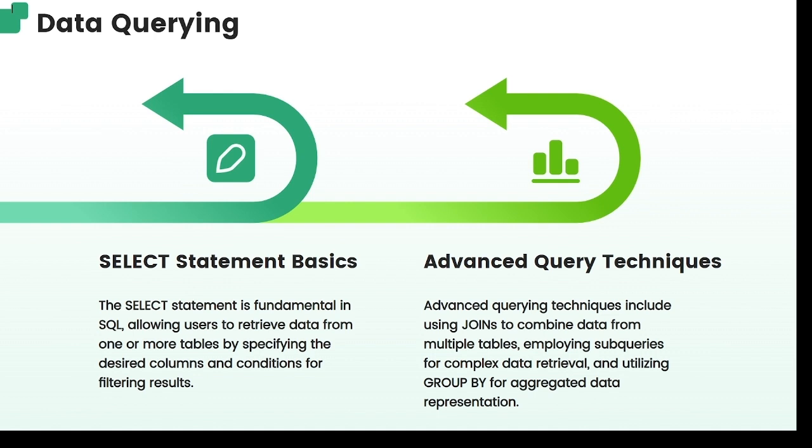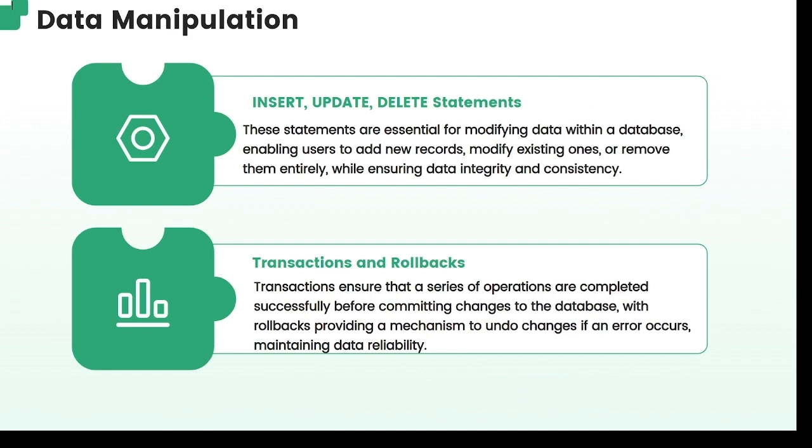You also have the option of using CTEs, common table expressions, which help make long queries easier to read, and window functions, which let you do things like rank rows or compare values across rows without changing the structure of your data. Learning these tools will help you work with data more easily and you will get better results.